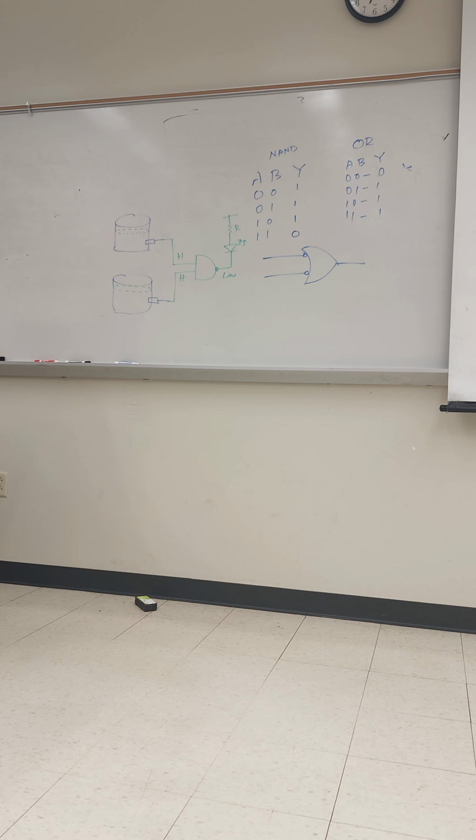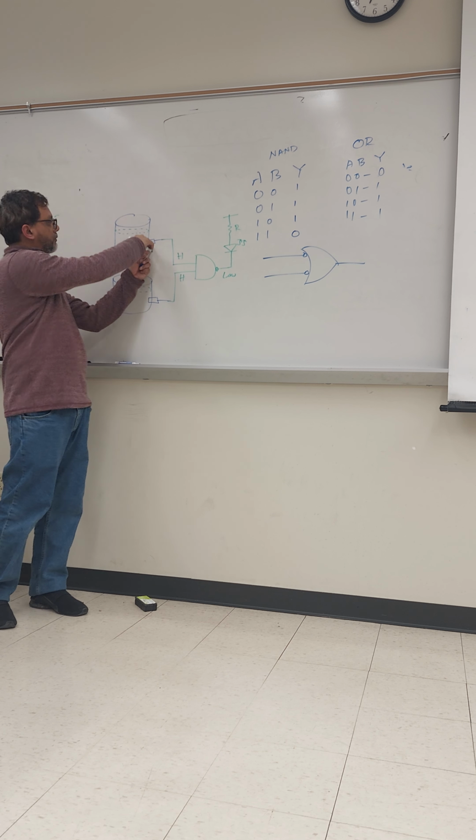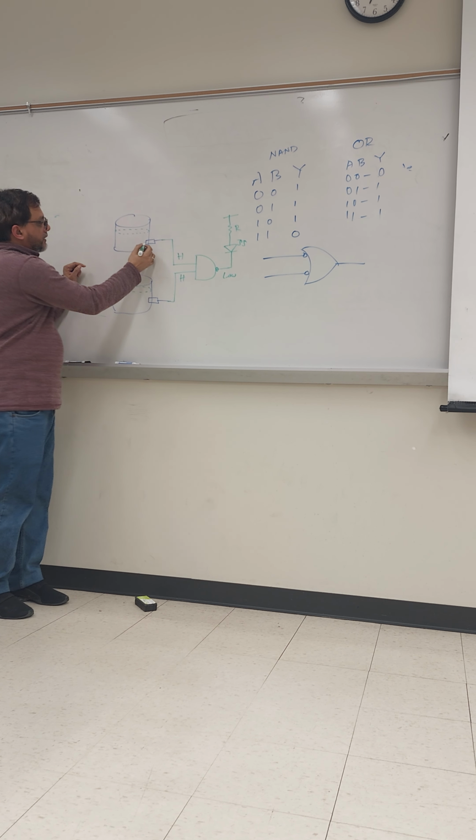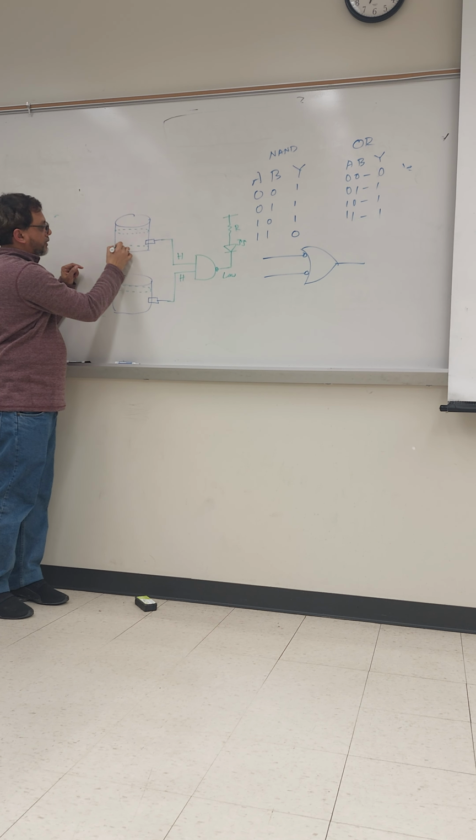As I mentioned here, each tank has a sensor. I will read the question again. The sensor produces a high level of 5 volt when the tanks are more than 1 quarter full. If it is less than 25%, then it will be low.